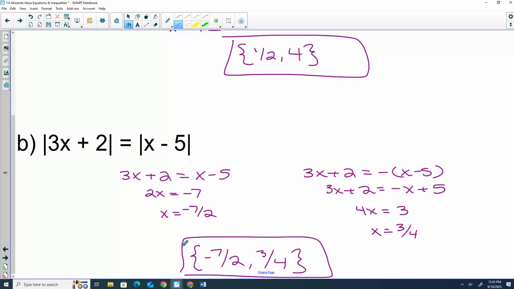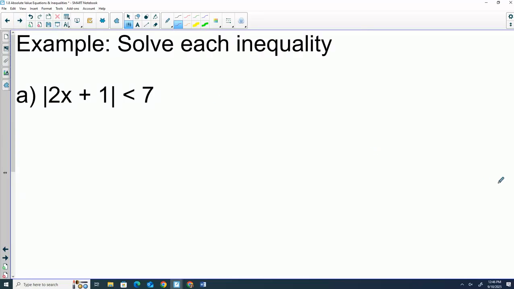So both of my x's were inside an absolute value. We can certainly plug them in and check, grab a calculator if you need to. If you ever have a variable outside your absolute value, that's when you really need to be cautious and just double check your answers and make sure they work out. Any questions on those two? Let's look at this one.